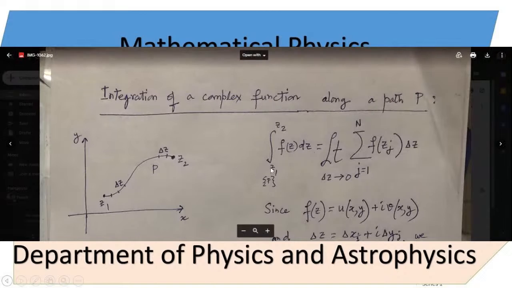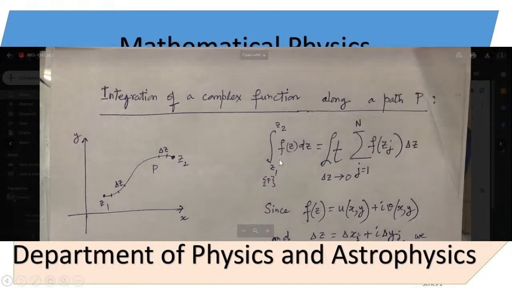Then the integral of f of z dz from z1 to z2 is defined to be the summation from j equal to 1 to n of f of z_j into delta z.